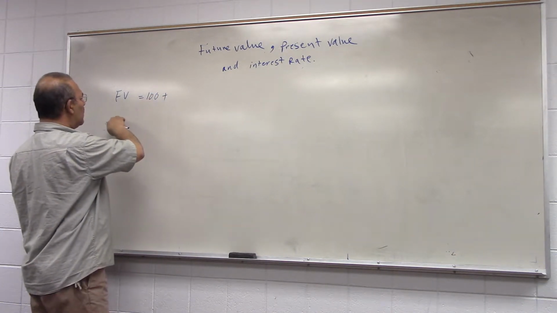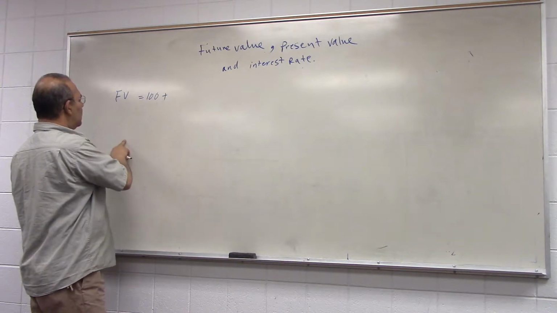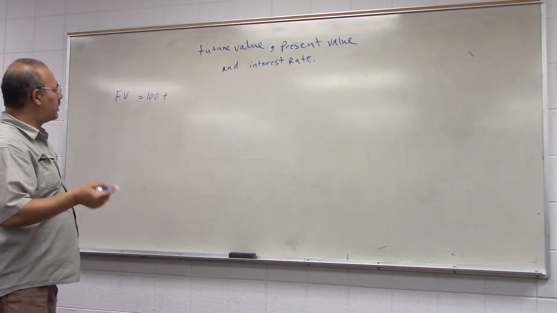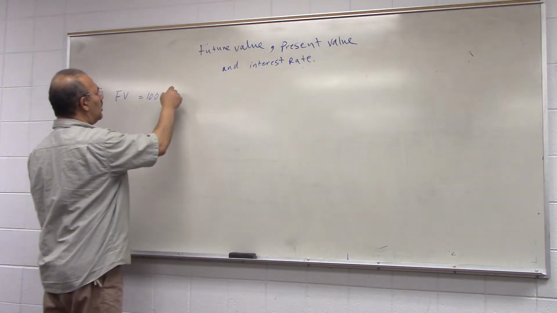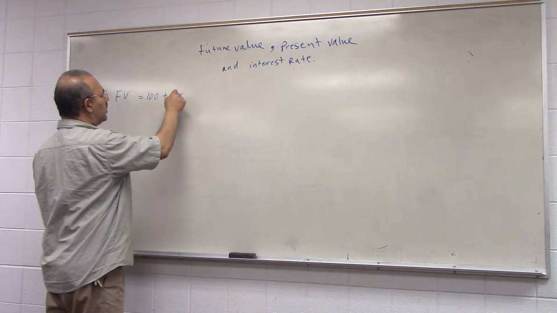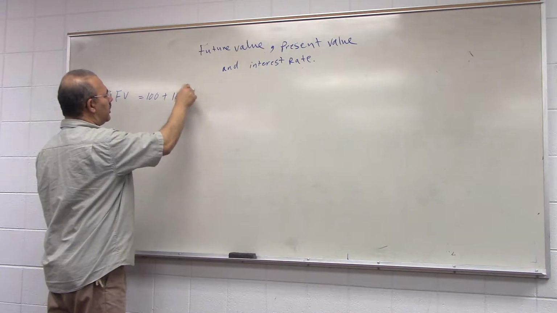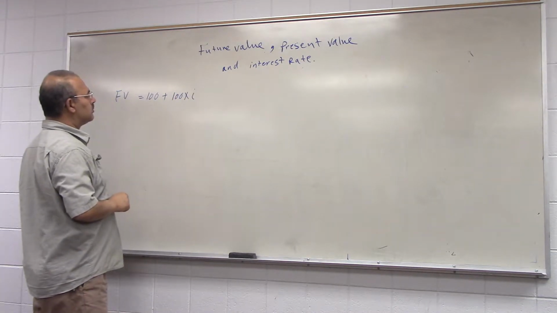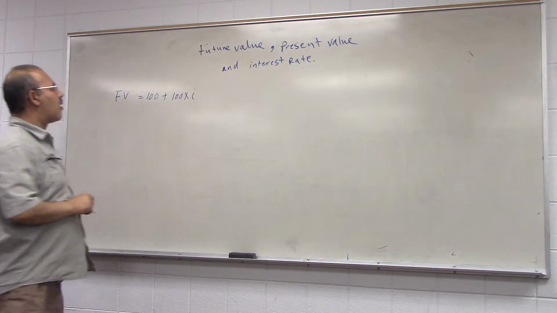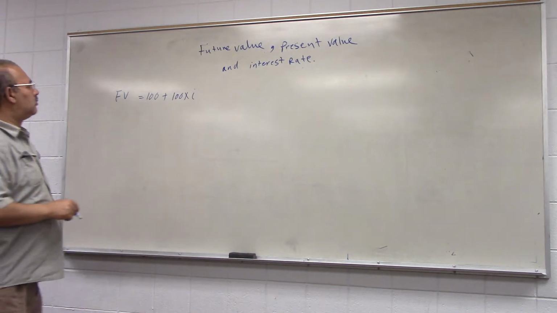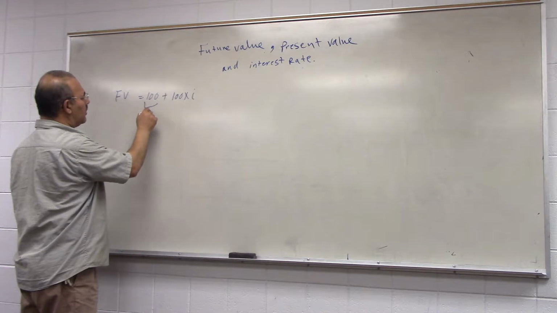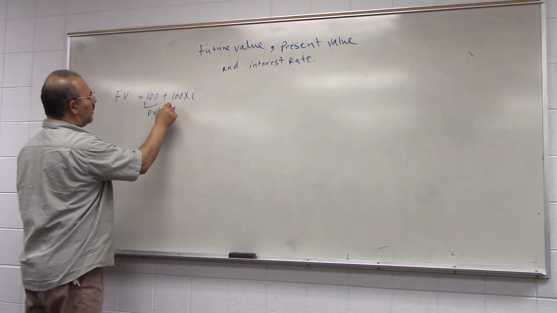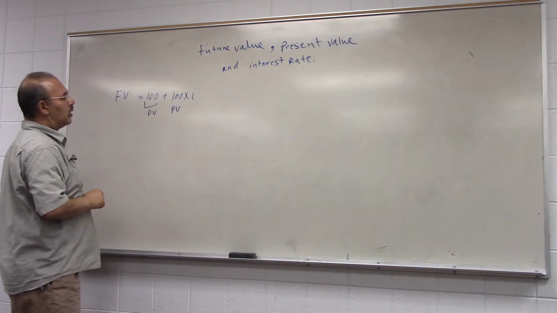Therefore, after 1 year, the future value of $100 will become 100 multiplied by 1 plus the interest rate. $100 is the present value, the value of money today.